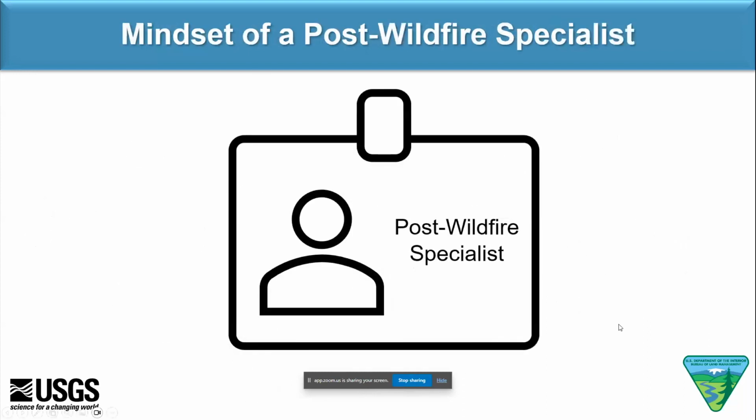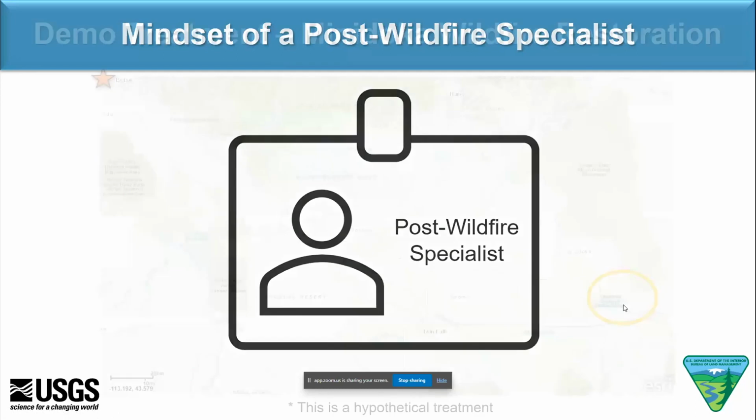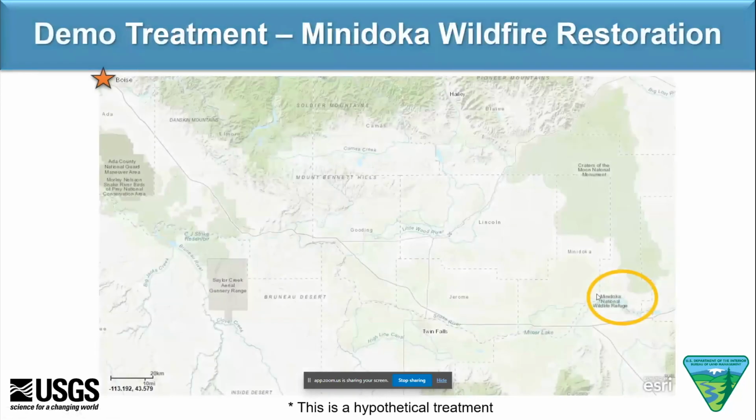So for the demo today, I would like us all to pretend we are a post-wildfire specialist, and we're going to use a similar area to what we were just looking into, thinking about those future climate scenarios. Here's Boise, where I sit and where the in-person class is going to be in May. If we follow the interstate down, there's this area right here where we have a wildlife refuge and Craters of the Moon National Monument.